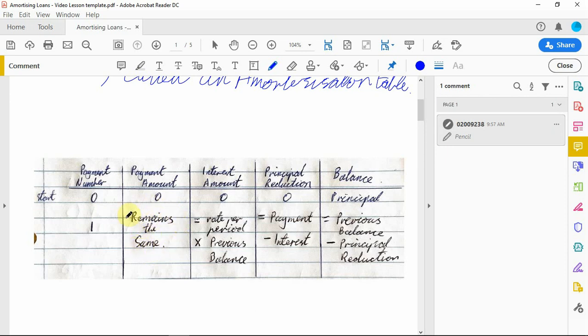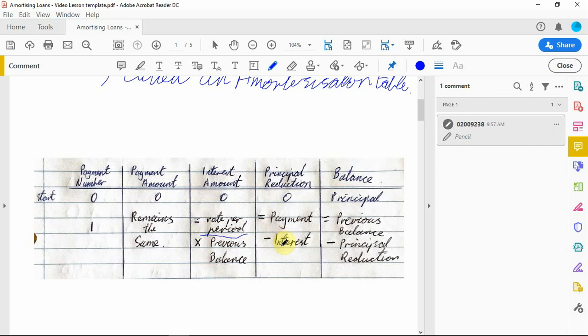There is a little bit of an adjustment often in the last payment. So your last payment is often different to the other ones in between. But in the table all the way down, it's pretty much going to be the same until the last one. Now the rate per period. So our interest amount is our rate per period, so compounding period.